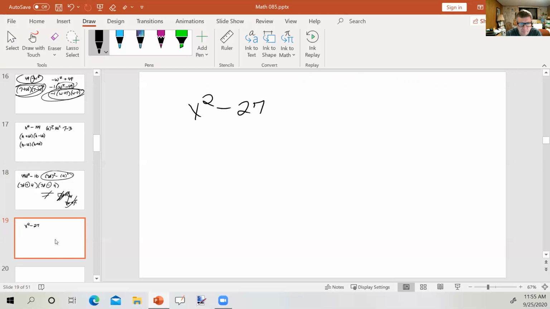I have that scientific calculator, but it's been a while. Let me see. Second, 27. Yeah, 5.19. Okay, so it's not a perfect square, is it? No. So prime. Yep. Okay.